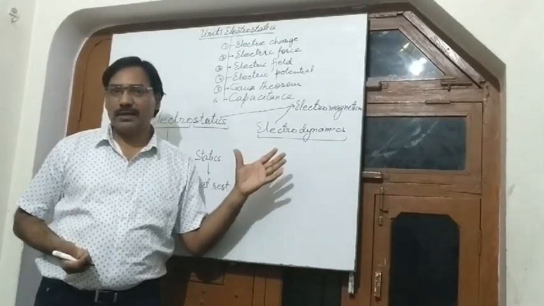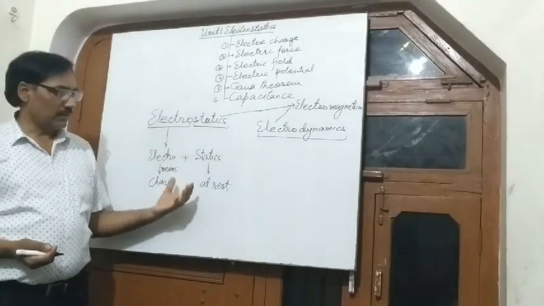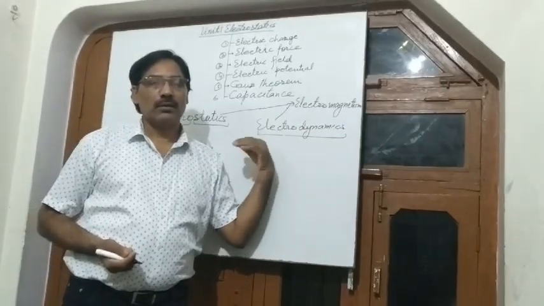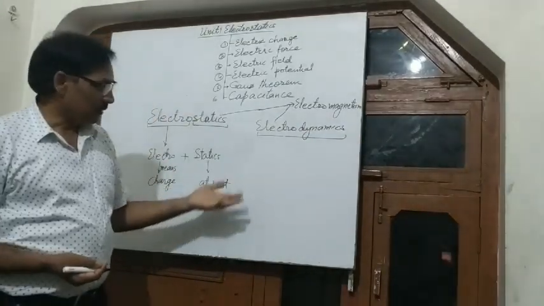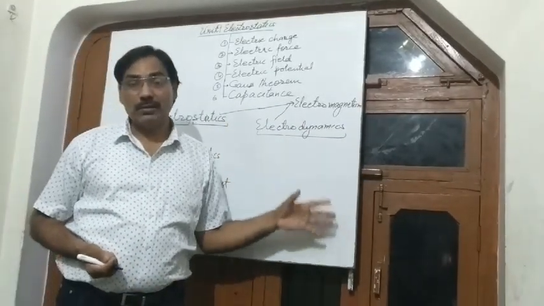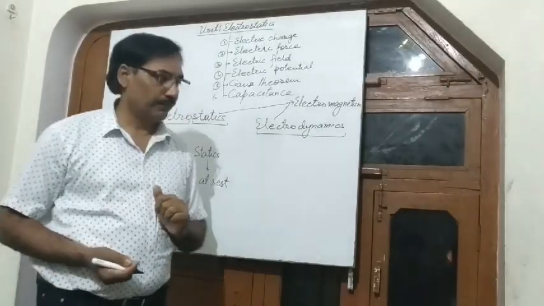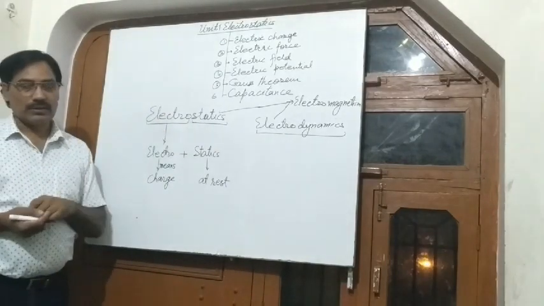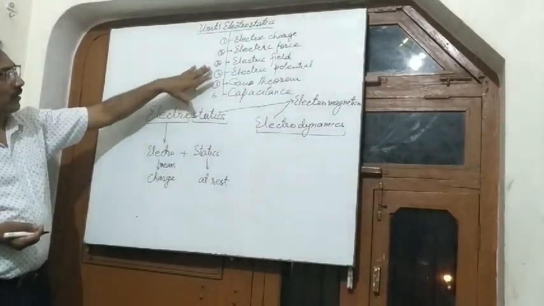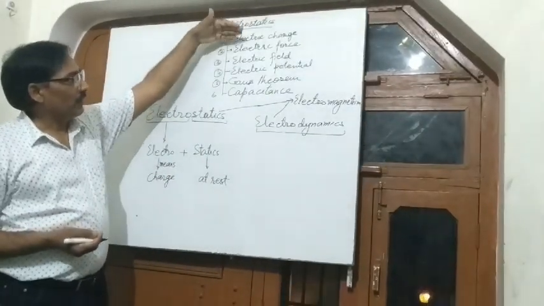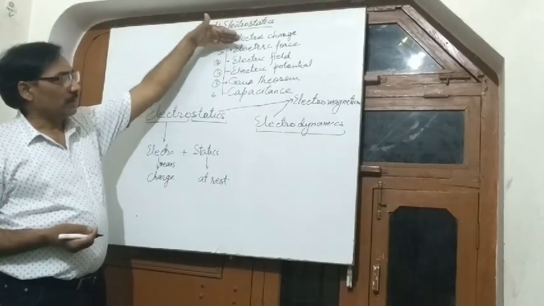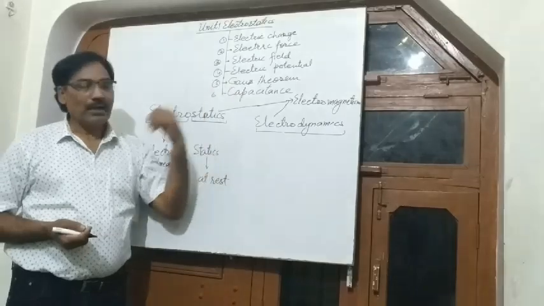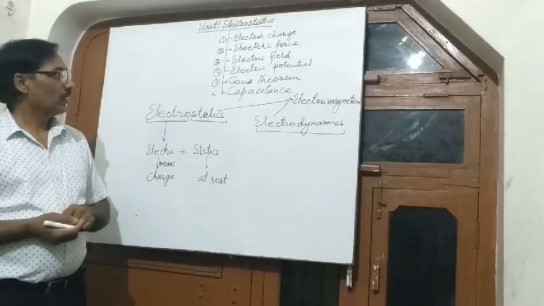In electrostatics, we study the effects of charge at rest, and in electrodynamics, we study the effects of charge when it is in motion in a conductor. Now come to this electrostatics. Under this we will study electric charge, electric force, electric field, electric potential, Gauss theorem and capacitance one by one.